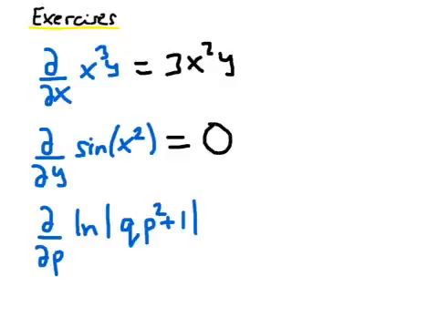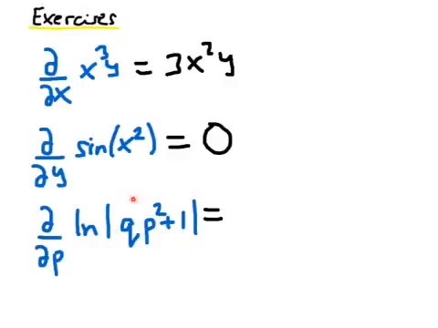The third case is a derivative with respect to a variable p of the logarithm of a function of p and another variable q perhaps, and the partial derivative here with respect to p, this logarithm cannot be simplified.